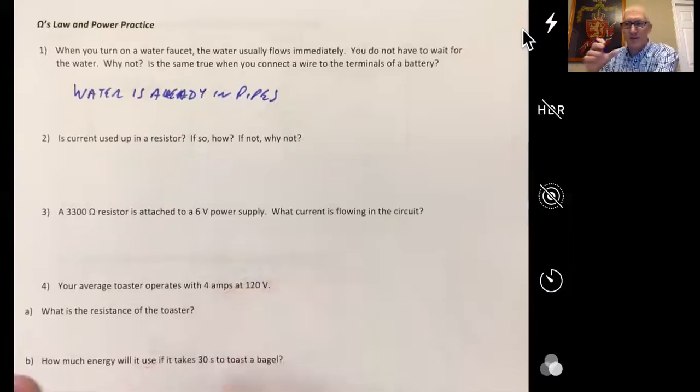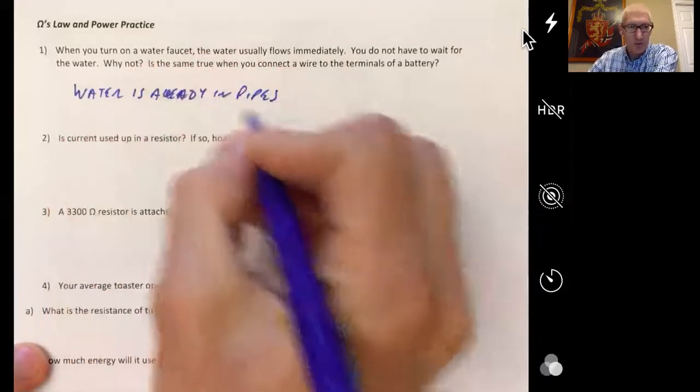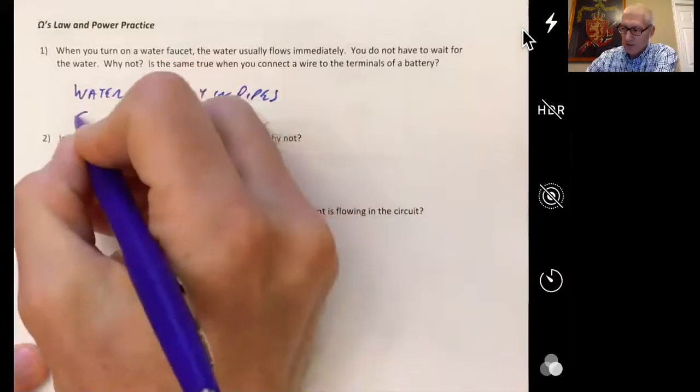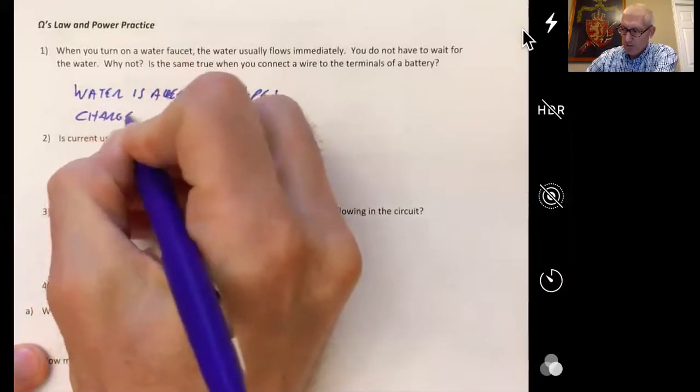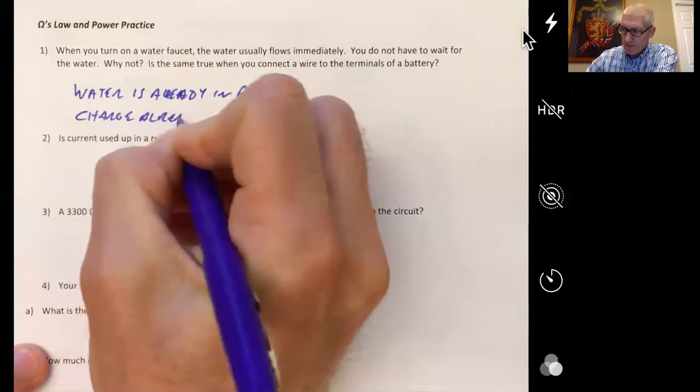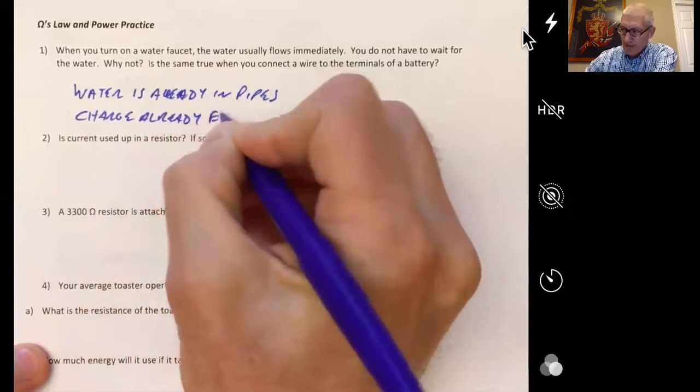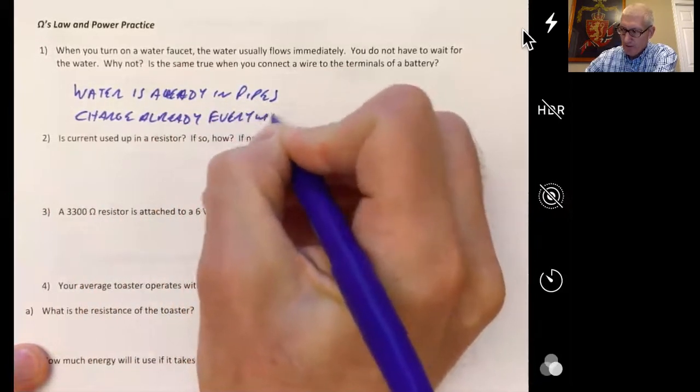There's literally just a barrier. You turn the valve and there's something that cuts the water off. And so the analogy here is that just like water is already in the pipes, you've got charge already in the wires, and it's already everywhere in the wires.